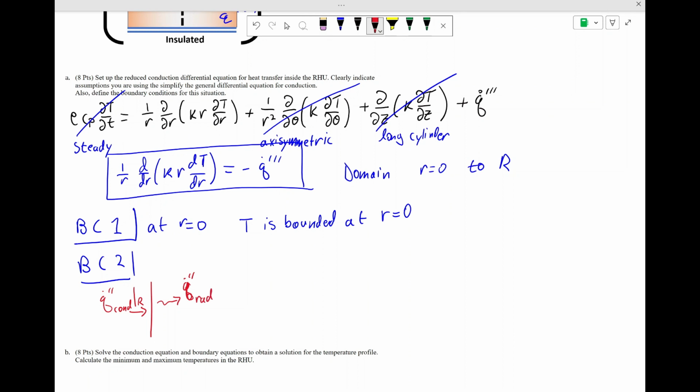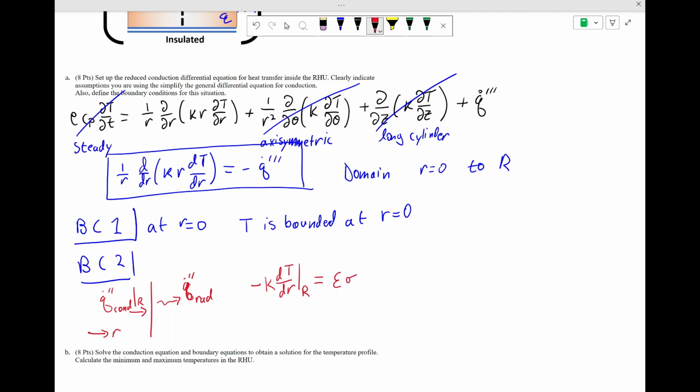If this is the radial direction r, we could say that the outward heat flux at the outer perimeter of this billet of plutonium oxide or something is going to be minus k, regular derivative dT/dr, evaluated at the outer radius, big R, and that has to equal the radiation heat flux to the surroundings.